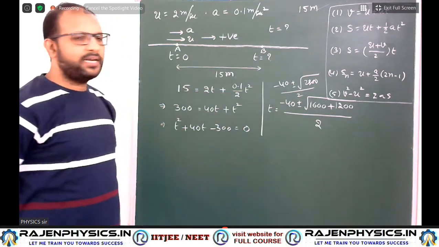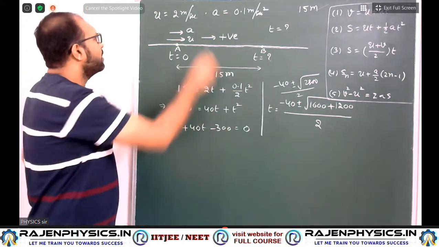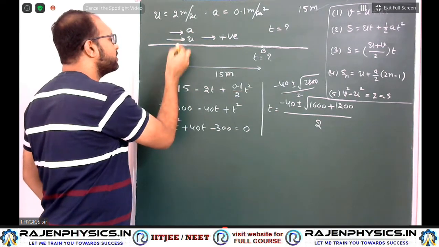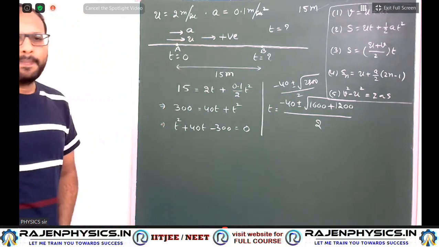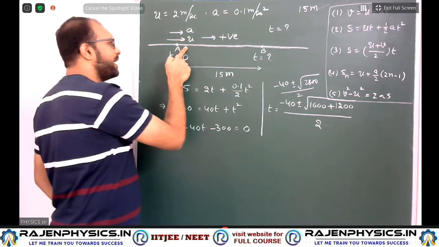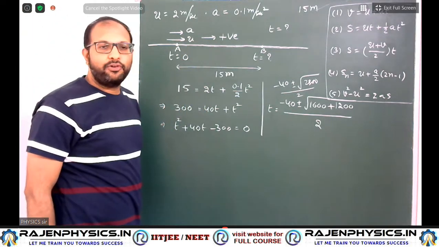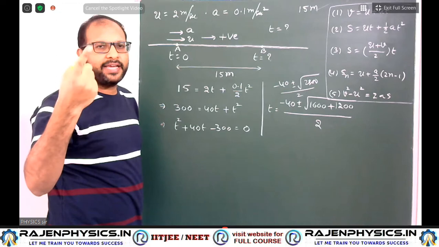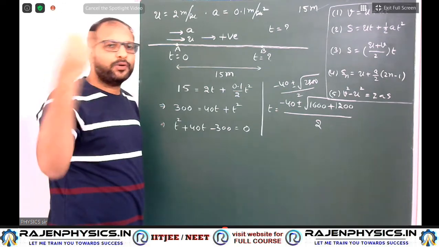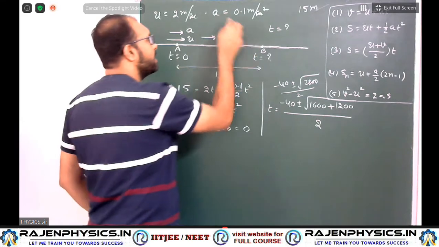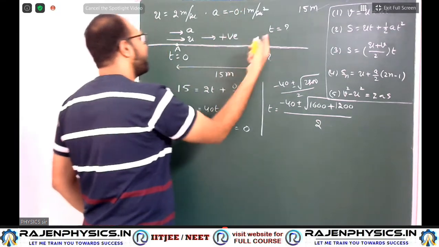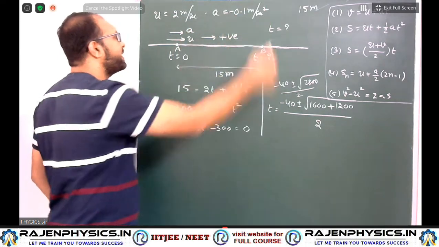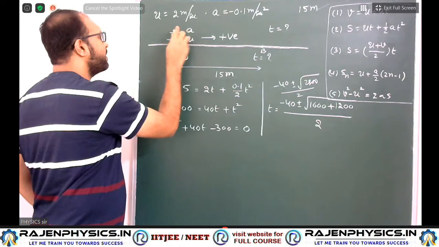Okay, right. Now similarly, I'm just changing something. Yes, now think. U equal to 2 meter per second, t equal to 0, that is at point number A. But here this body is moving under the influence of a retardation. Students, not acceleration: retardation means acceleration is opposite to velocity. Opposite means the negative side. So a equal to minus 0.1 meter per second square.